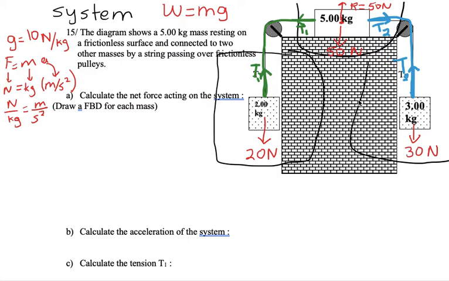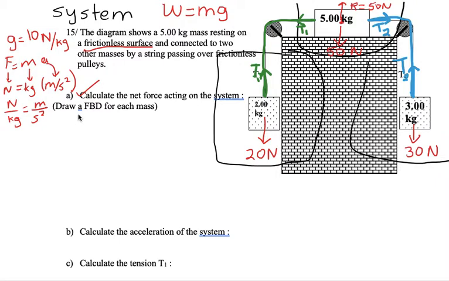There is no friction, and these masses are not resting against the wall, so there is no friction or normal force to show on either of these masses. And for this one, we don't have friction to show because the question does tell us that it's a frictionless surface. So we've basically answered part A.